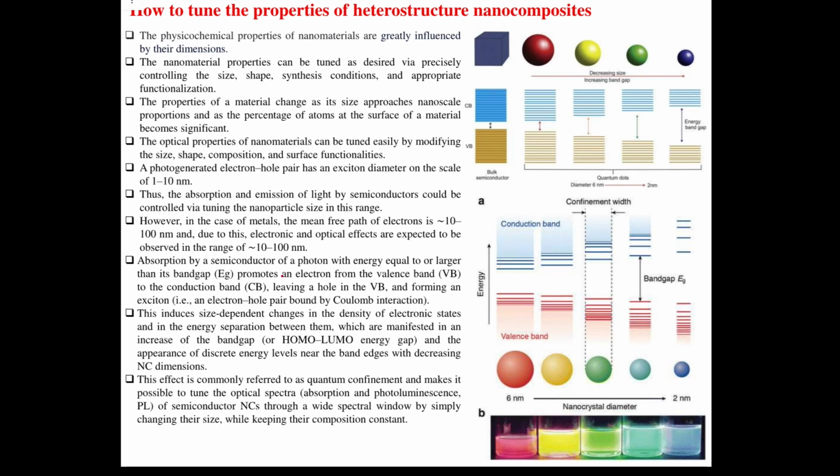So an impurity creates an impurity level here. When you put some impurities on the surface of any heterostructure, any photocatalyst, it creates impurity levels near the top of the valence band, which leads to a reduction of the band gap and alters the direction of electron charge transfer.